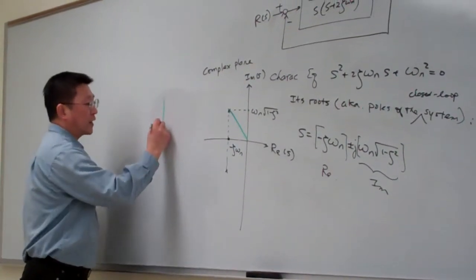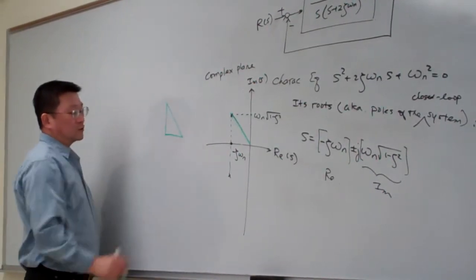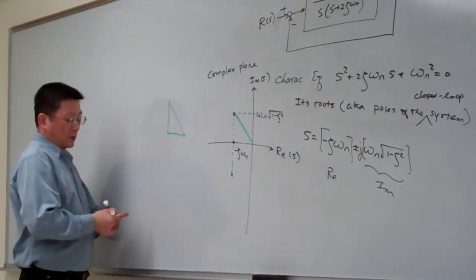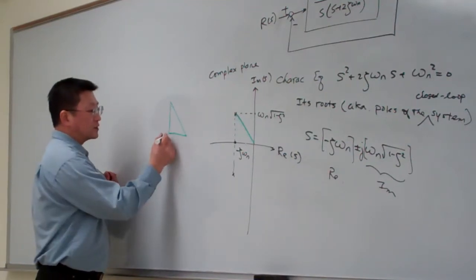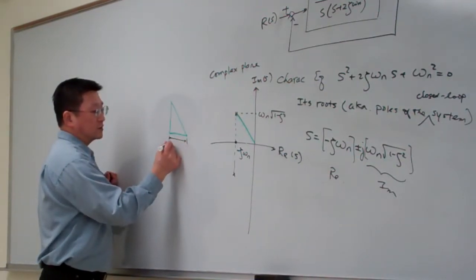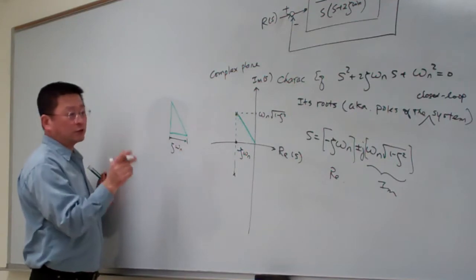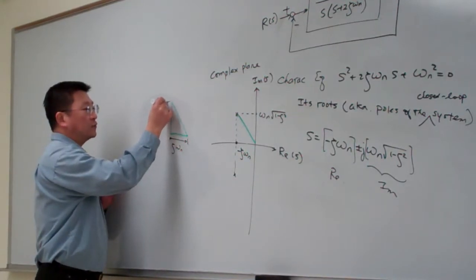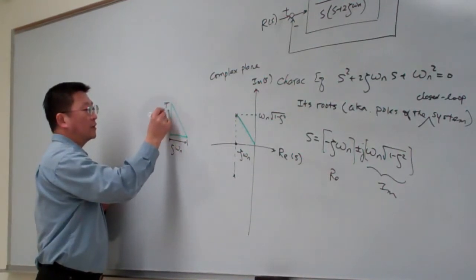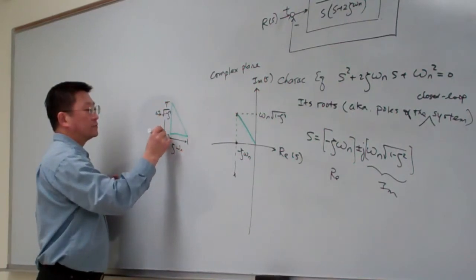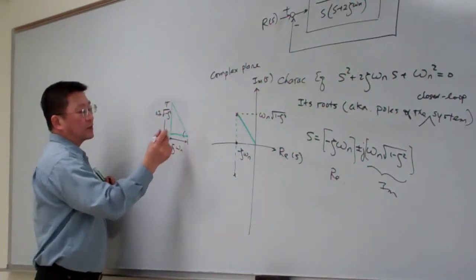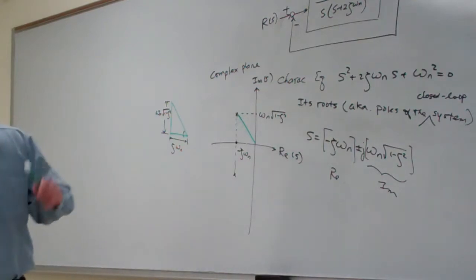So let me draw the triangle here. For this triangle, we have this side is zeta omega n, I mean the magnitude, okay? And this side, we have the magnitude omega n times the square root of 1 minus zeta squared. So this angle, the symbol we're using is called beta.